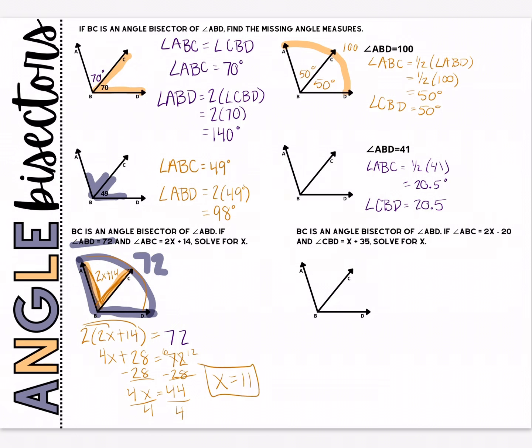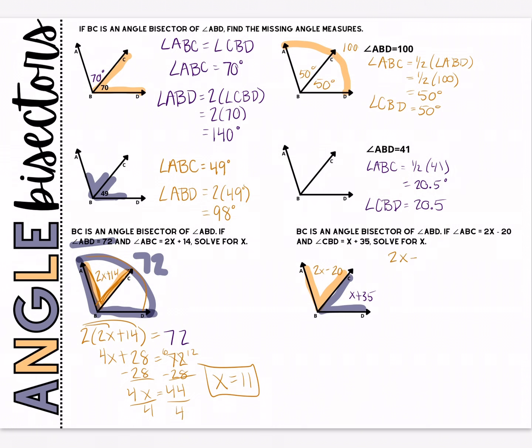For the next problem, angle ABC is 2x minus 20 and angle CBD is x plus 35, solve for x. Remember, in angles, order matters when we're talking about them. Because BC is an angle bisector, we know the two halves are equal.